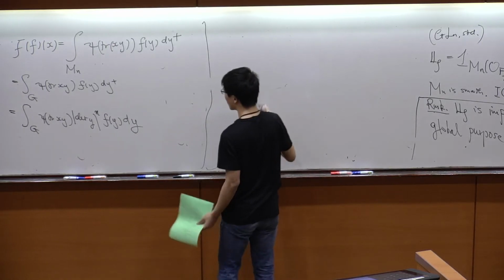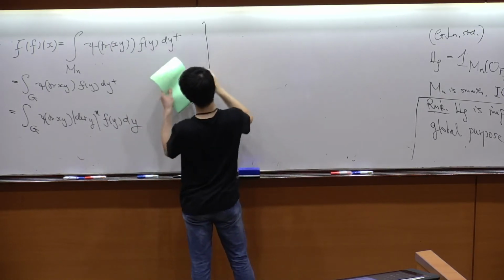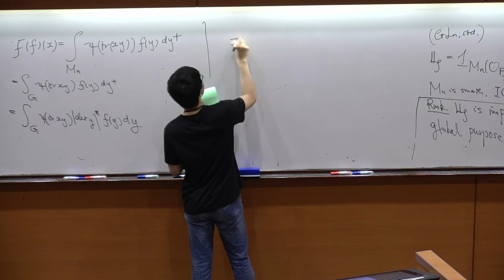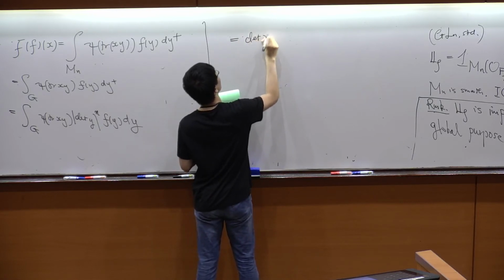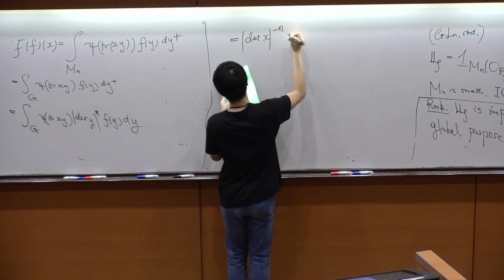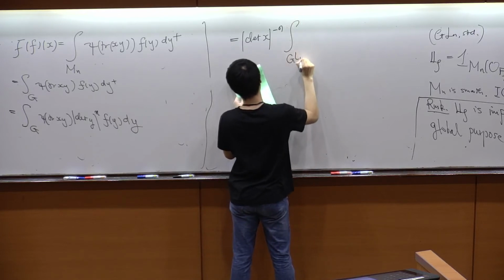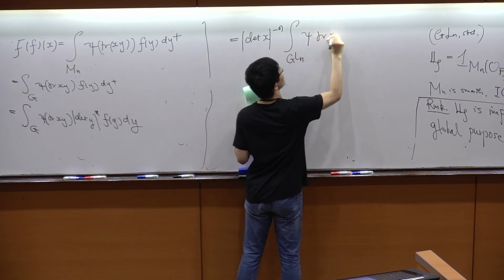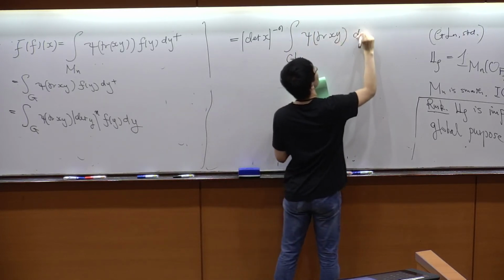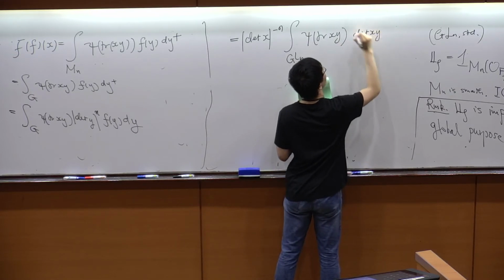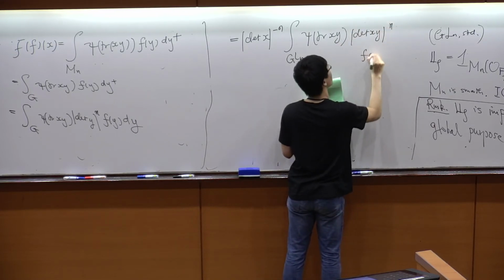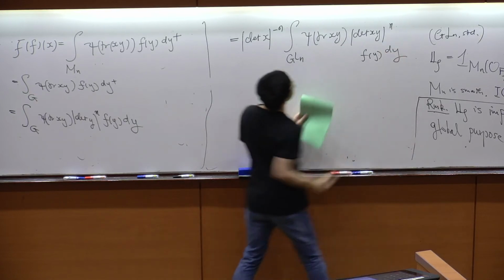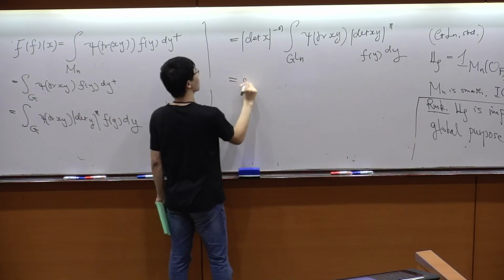Then in particular, we find that the integral transform can be written as follows. It's equal to determinant of x to the minus n power, integral over GLn of psi of trace of xy, and here is determinant of xy to the nth power, f of y dy. Therefore, it's a convolution of the following form.